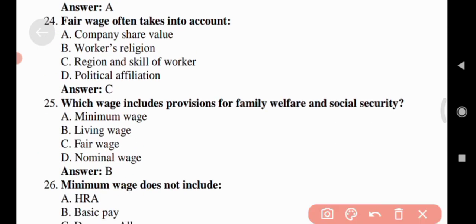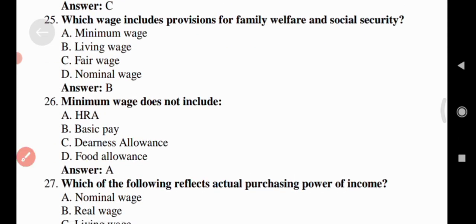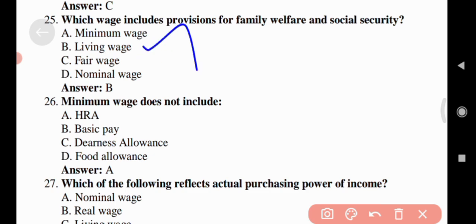Fair wage often takes into account option C, region and skill of worker. Which wage includes provisions for family welfare and social security? Option B, living wage. Minimum wage does not include option A, HRA.